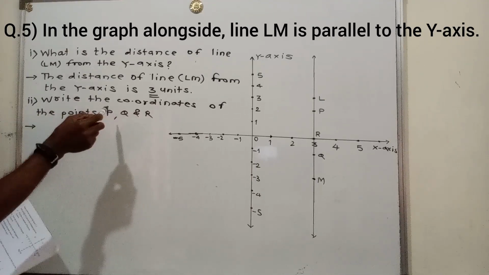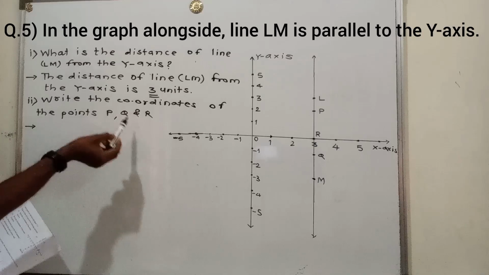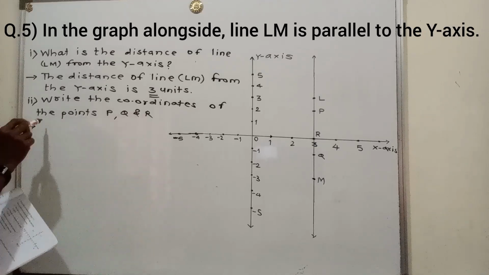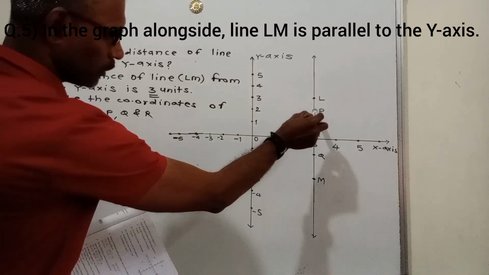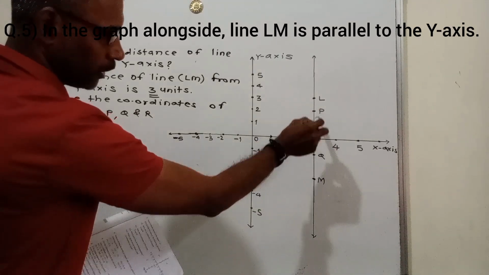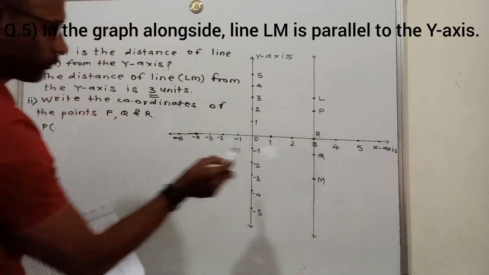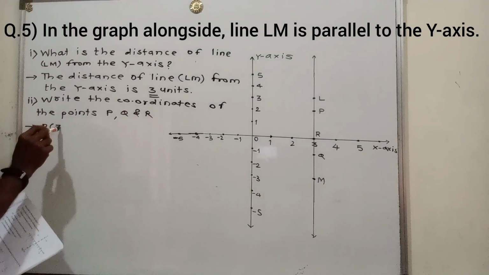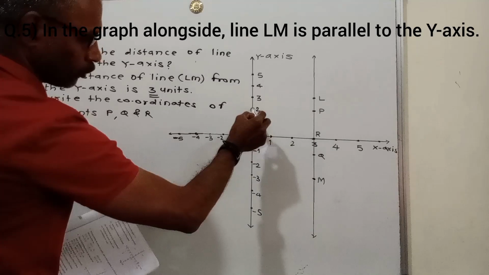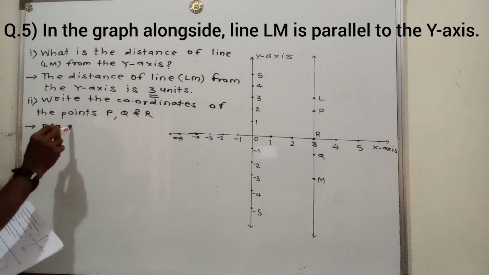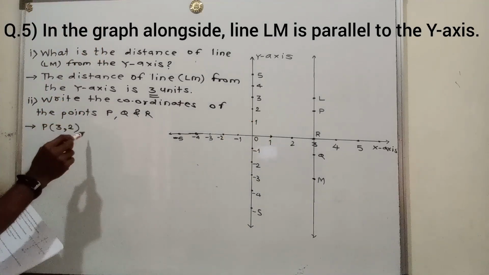Coordinates of the points P, Q, R. See here, where is P? This is P. X coordinate 3, Y coordinate 2. Did you get it?